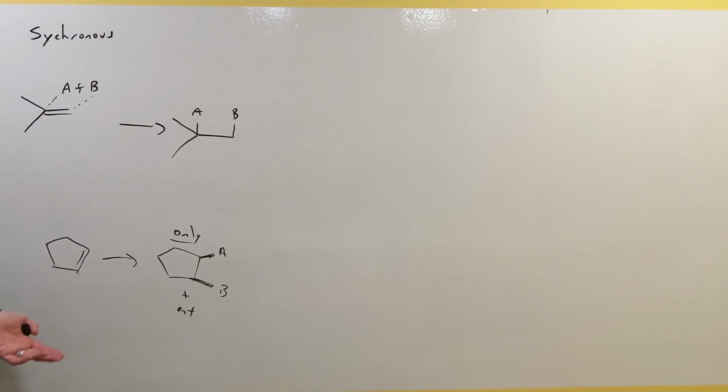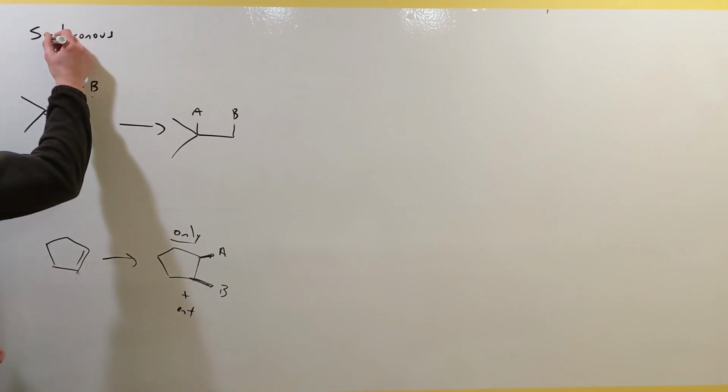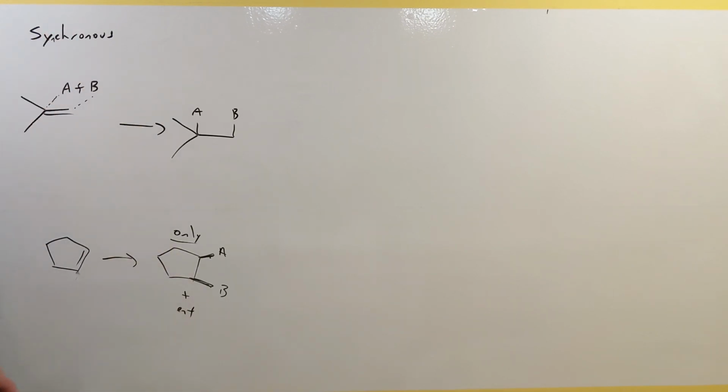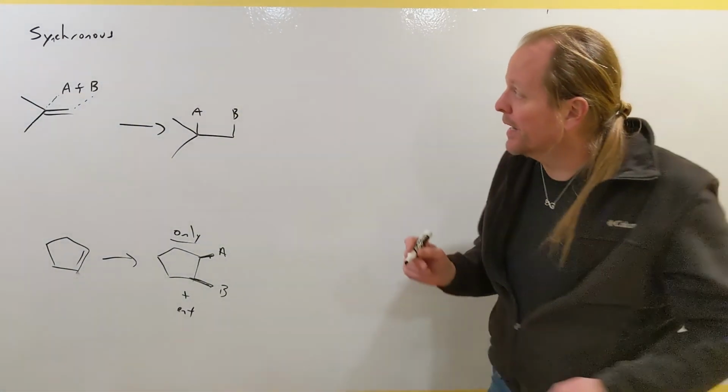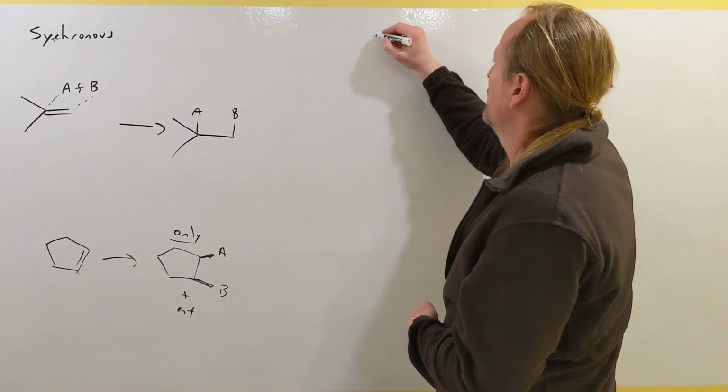Synchronous means same time, and it also means syn, if I could spell it, synchronous. It means syn, or same face. And of course with the enantiomer. So that is the synchronous version. The other type of mechanism, of course, I'm sure you can guess, is asynchronous.